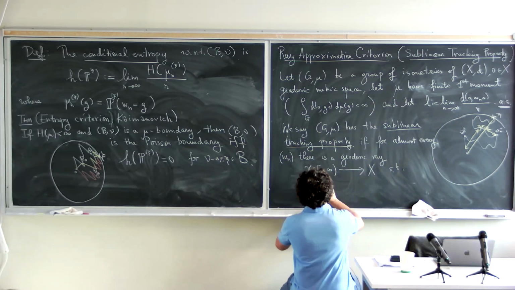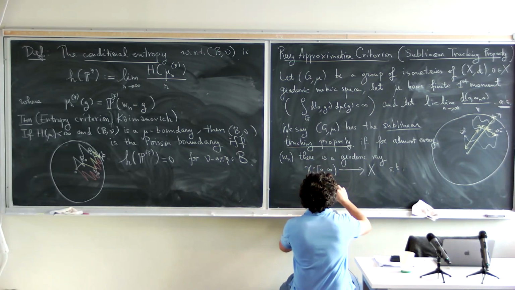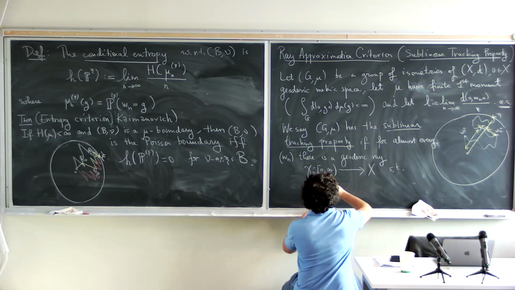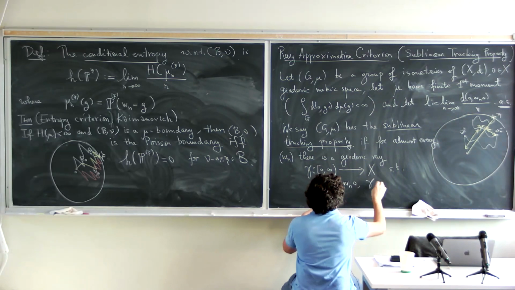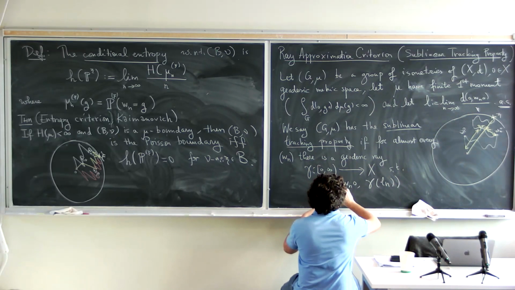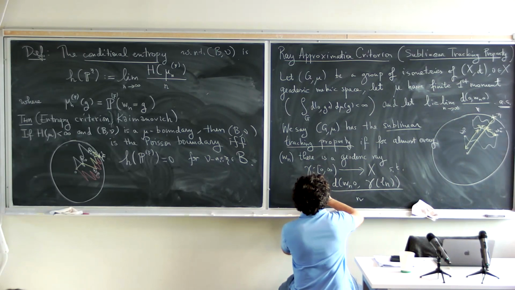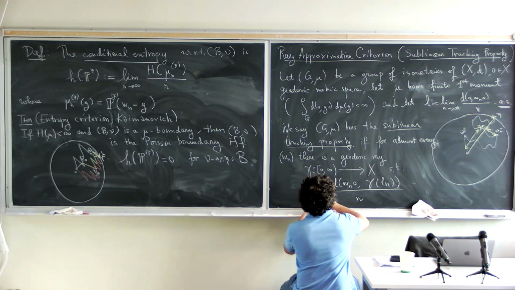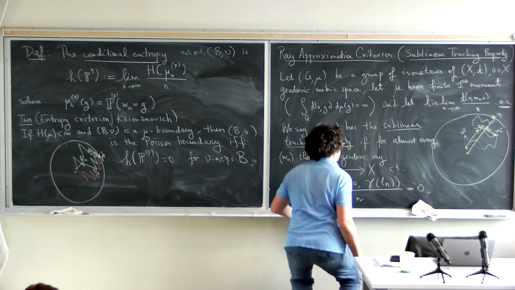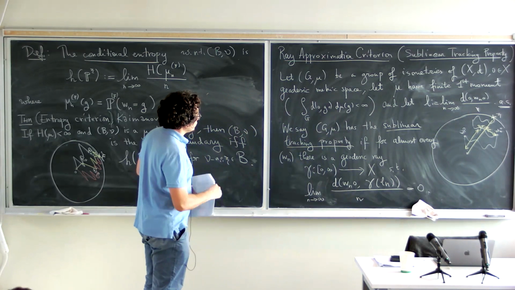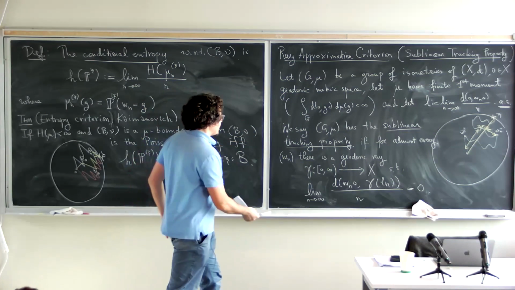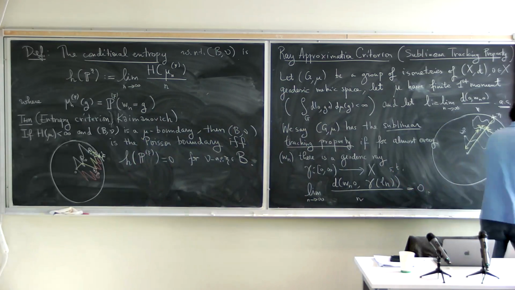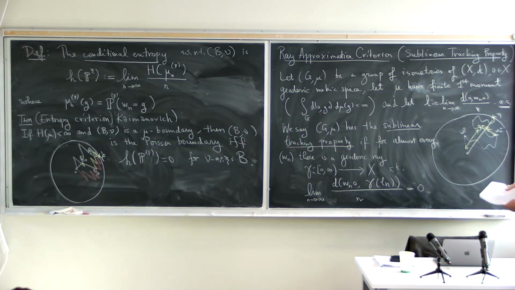the distance between the n-th step of the walk and gamma at time L times n, divided by n, goes to 0. If that's the case, we say that the walk has the sublinear tracking property.